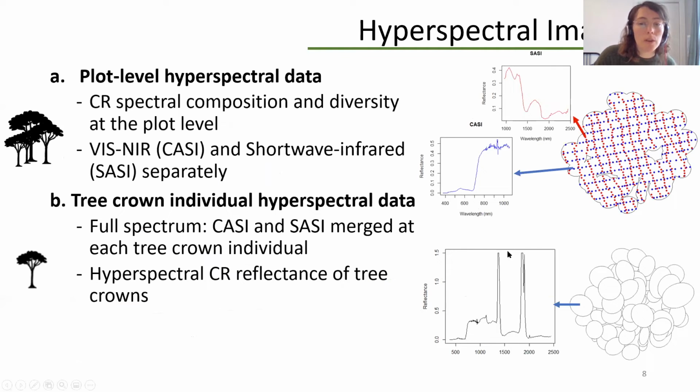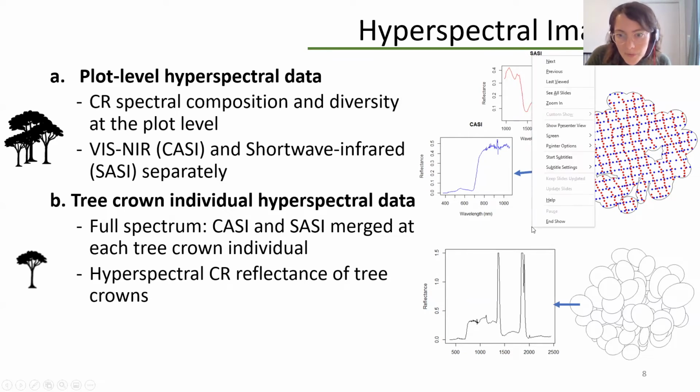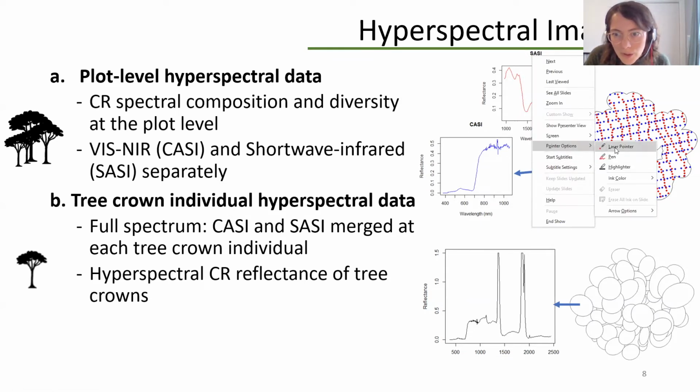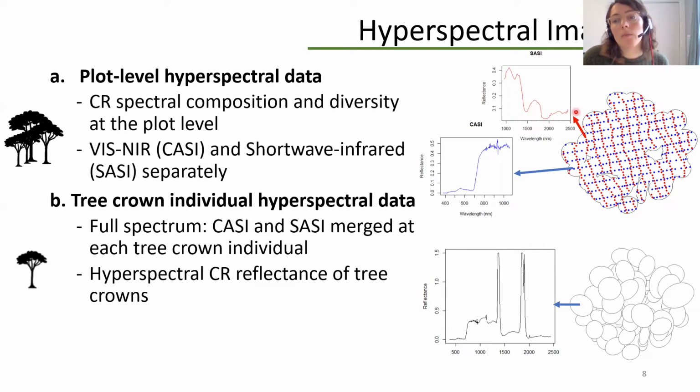And what we did with these data was, first of all, generating a plot level hyperspectral data set. This is the one here on the top. We see here one of the crown plots covered by both CASI and SASI, so the visible and near infrared light reflectances, as well as the shortwave infrared reflectances.